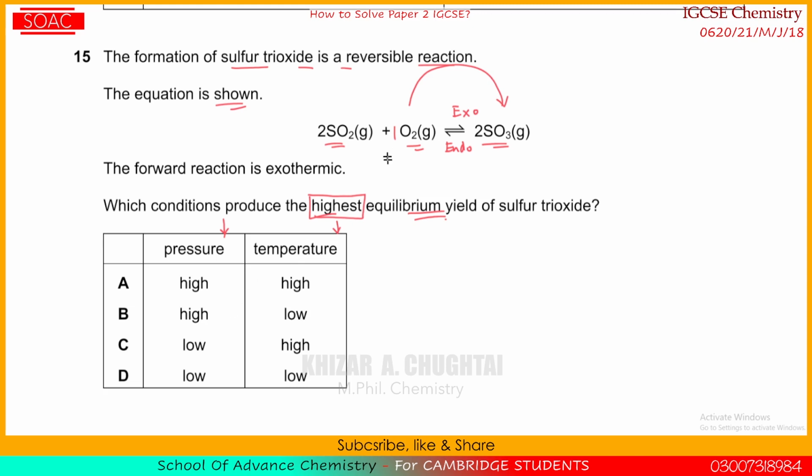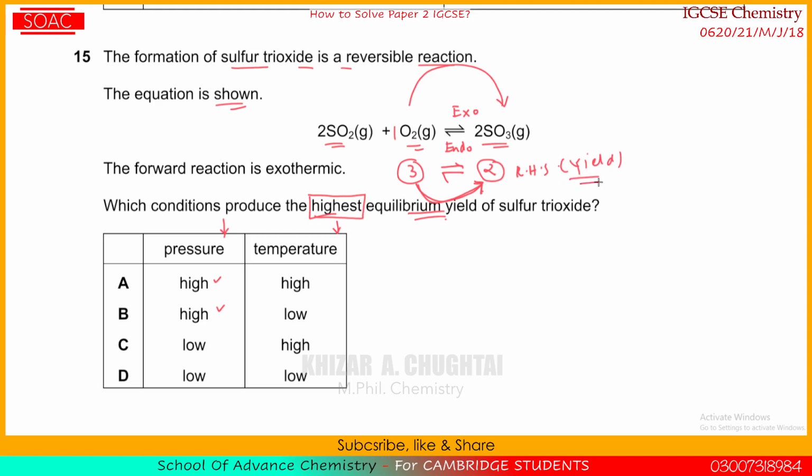In case of the effect of pressure, we are going to calculate the moles on the left hand side versus the right hand side. Equilibrium will be shifted towards that side where there is less number of moles. So on applying more pressure, at high pressure, equilibrium is supposed to shift towards the right hand side, and that right hand side is basically the side of the yield.